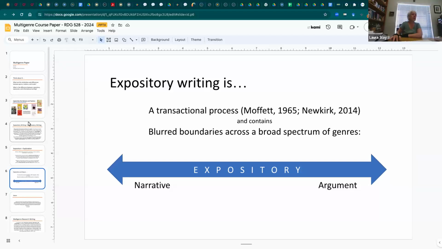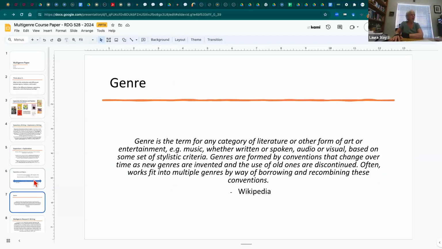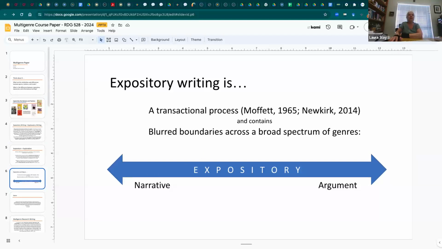And so what I did was I just jumped a few slides, because this is something that came out of my research. And that is this spectrum. I found that expository writing exists across a spectrum, from narrative all the way on the left, pure storytelling, fictitious or imaginative, stylized storytelling at its purest, to argument, where it's very structured, like you're in a courtroom and I'm going to argue my point.